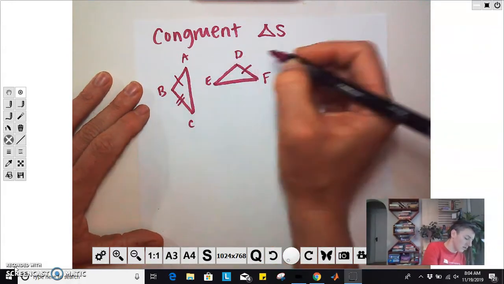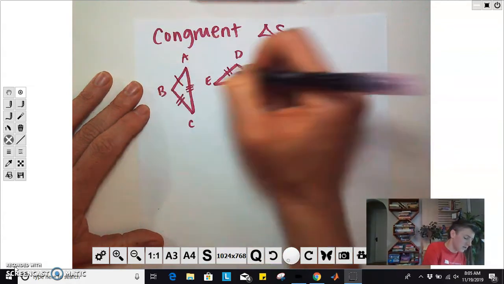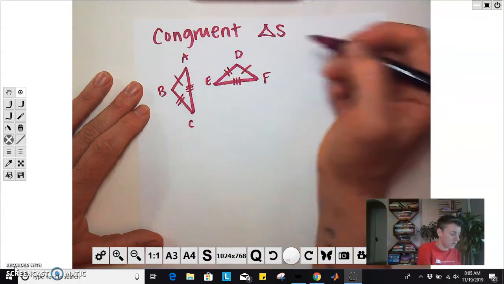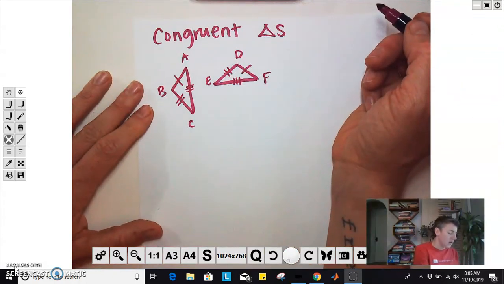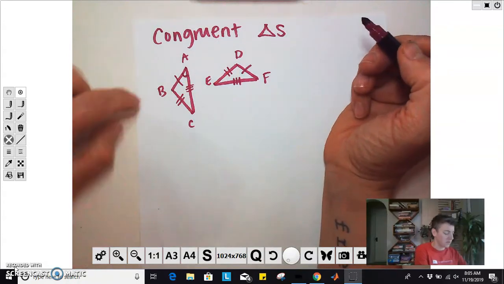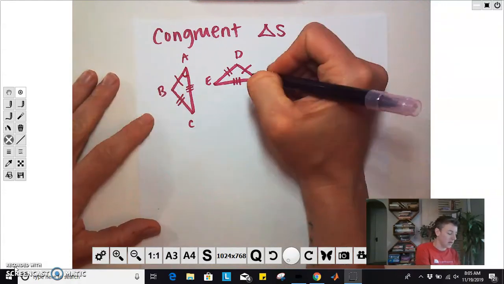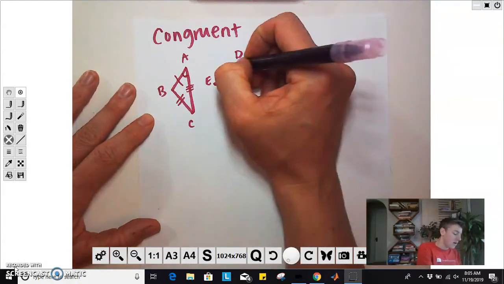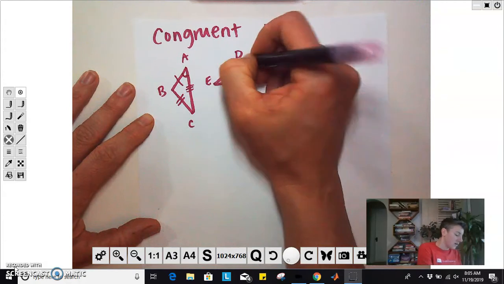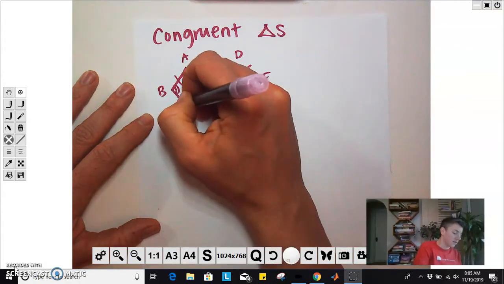BC is congruent to DE, and AC is congruent to EF, which would make angle A congruent to angle F, B and D are congruent, and E and C are congruent.